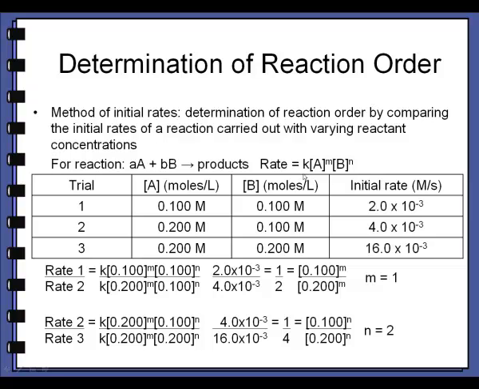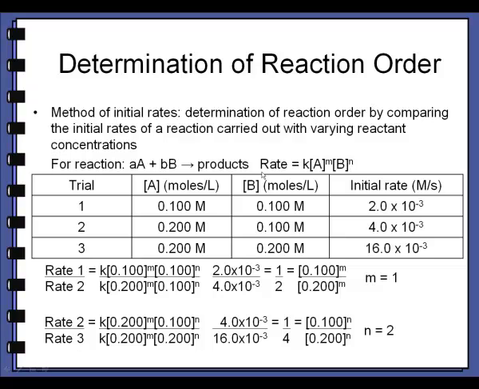Now the rate law is incomplete, but what we're going to do here is use this trial data here in the box to identify the value of M and N. We could also actually use it to identify K, but we're not going to do that for this one. Just M and N will be fine.